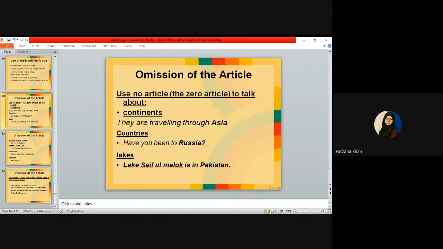The next, here you can see, is with the name of the countries. I already told you while explaining where to use the definite article that you always avoid the use of definite or indefinite article with the name of the countries, the names of countries all over the world, other than the exceptional rule which I already explained.